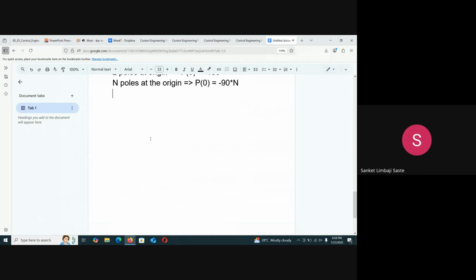Let Q(s) be the transfer function, the open loop transfer function. So this is an open loop transfer function. Got it? So let the numerator be N(s) and the denominator be D(s).